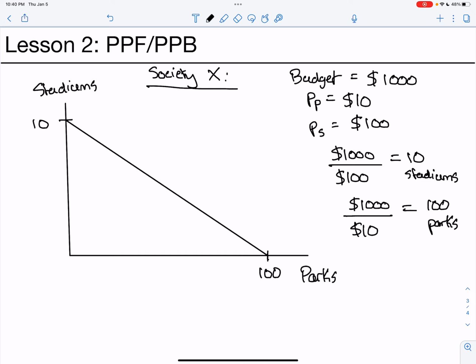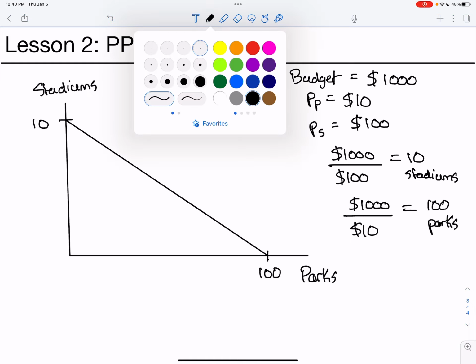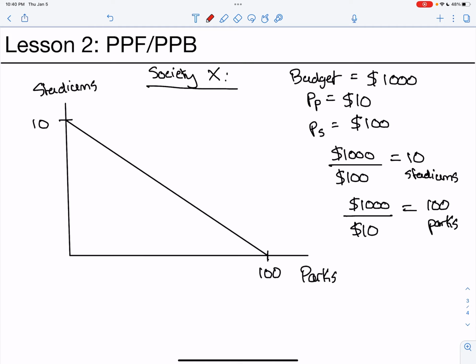Now, let's find the equation of this line to begin with. So if you remember, the equation of a straight line generically in mathematics is y = ax + b, where a is the slope of the line, which is obtained by doing rise over run, delta y over delta x, and b here is our y-intercept.